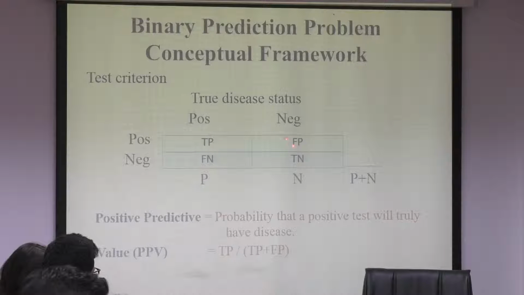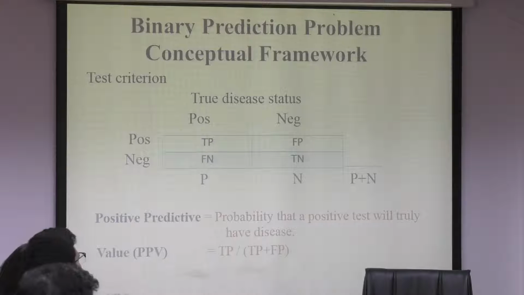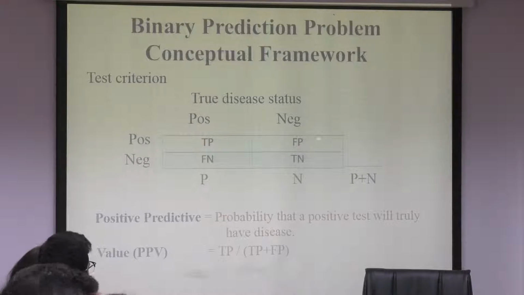So true positive and false positive, meaning that all those who tested positive. Among those who tested positive, you can have two choices. Either the patient is in fact diseased or the person is not diseased. So a positive predictive value will be the TP, the true positives, over everybody who tested positive.